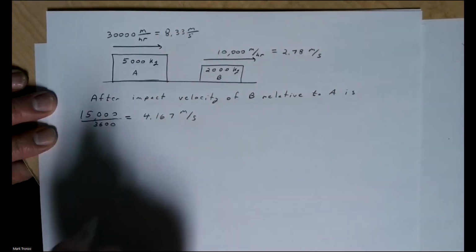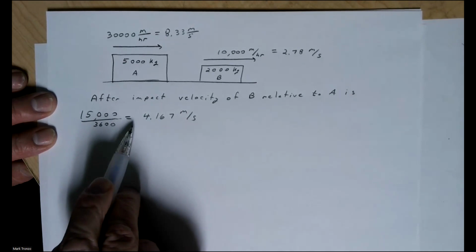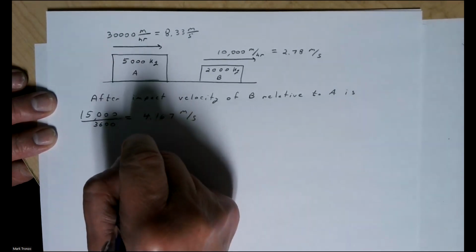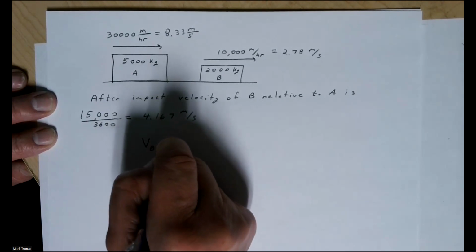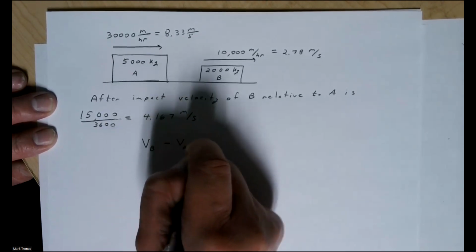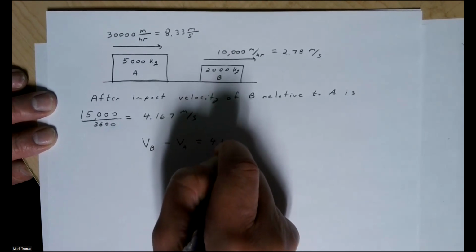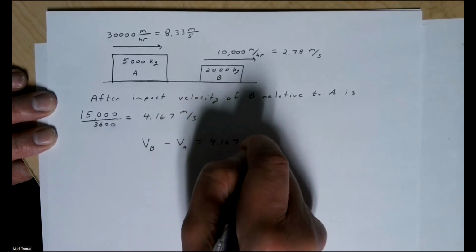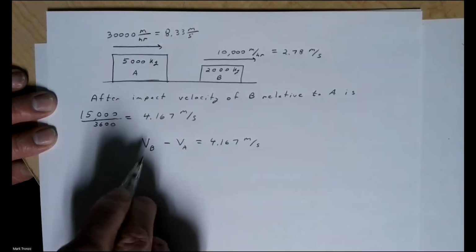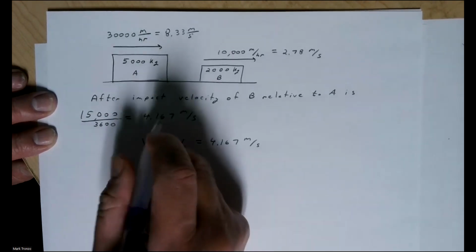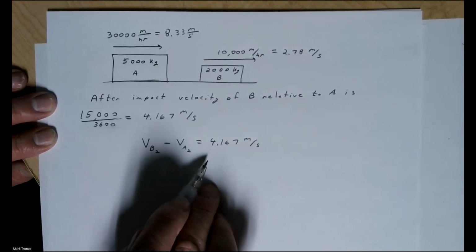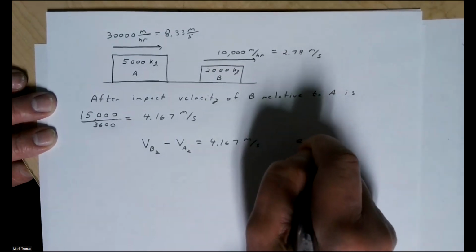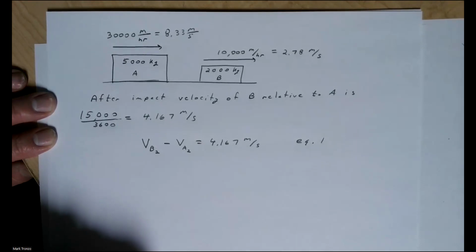Again, when it says B relative to A, that implies the velocity of B minus the velocity of A is 4.167 meters per second. That would be just after impact, so we'll call that state 2. That's the relative velocity just after impact, and we can call this equation 1, probably going to refer to it.